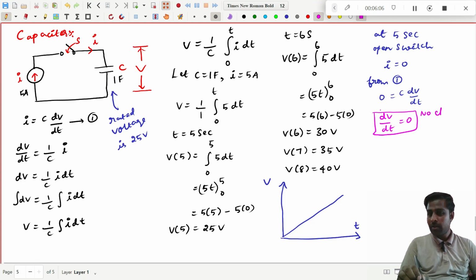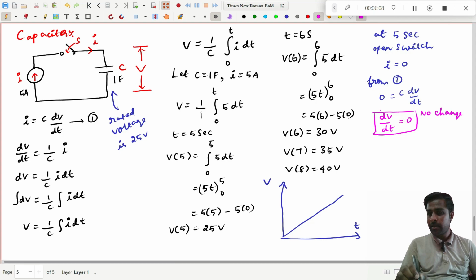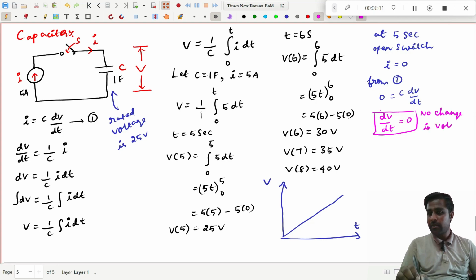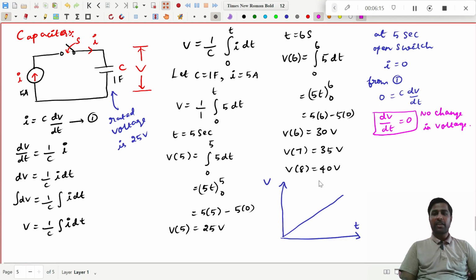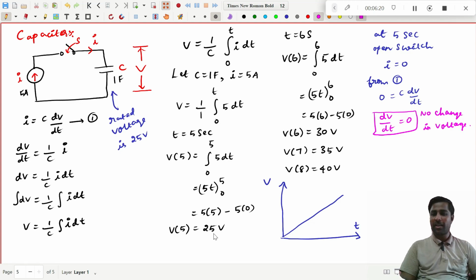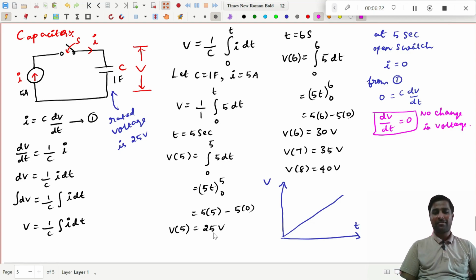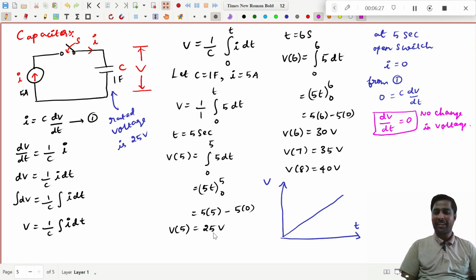Then at 5 seconds this capacitor is having 25 volt, and this 25 volt will be stored forever. That is what we have seen in the inductor too. There we saw that current is stored forever, but here you can easily see that dV by dt becomes 0. So that 25 volt will be stored forever. Simple, very simple, right?